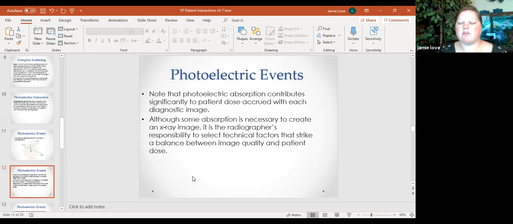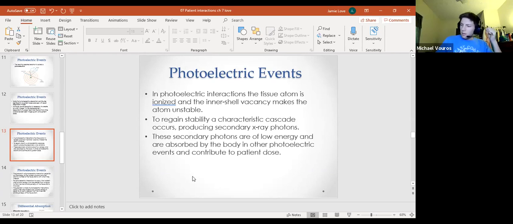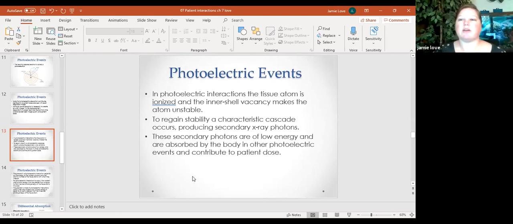If we select the right KVP for the penetration of that part, we're selecting about how many of those photons are going to be absorbed in the patient. And you said for this photoelectric interaction, it's most likely to occur when the photon hits the K shell? Yes, we're usually talking about the K shell.